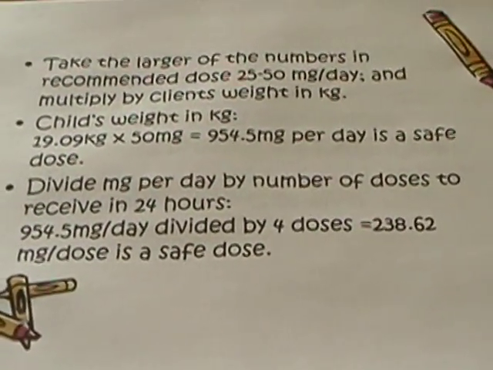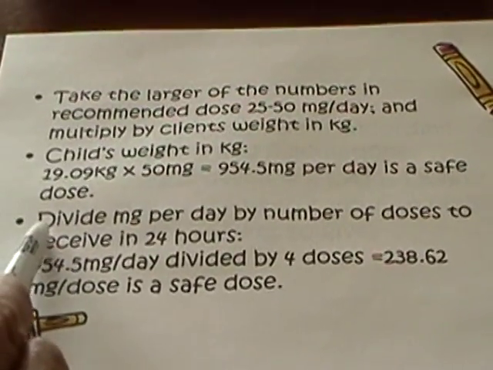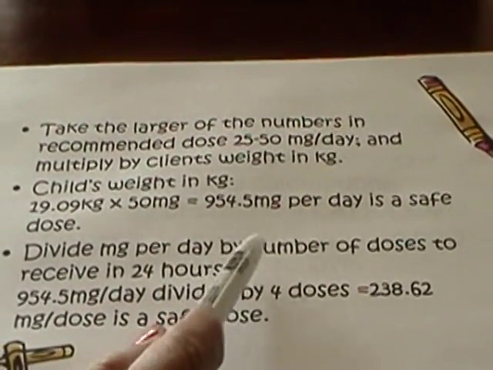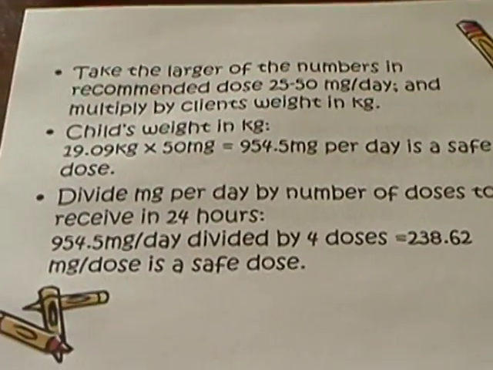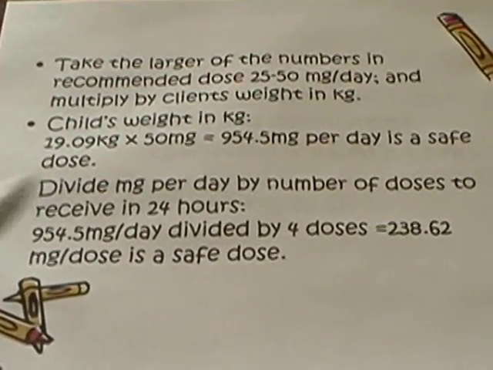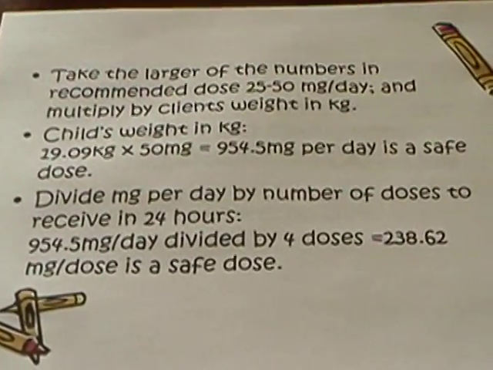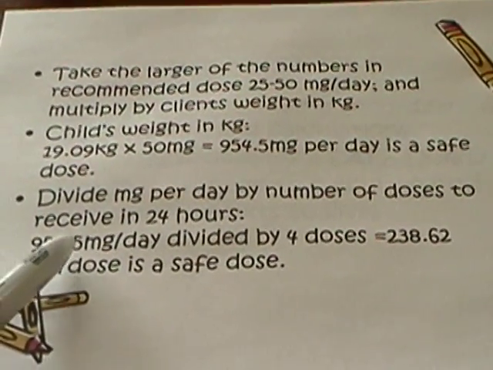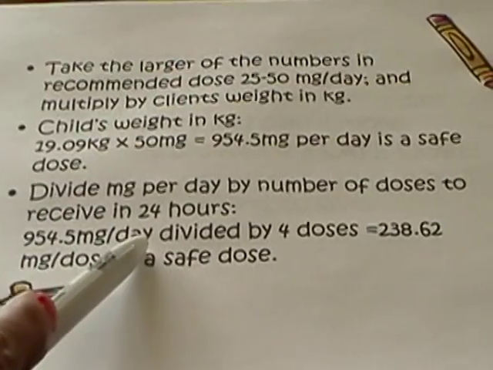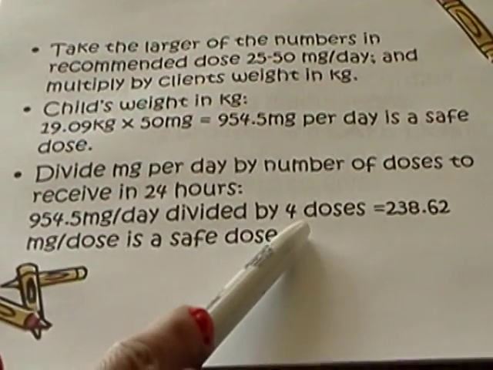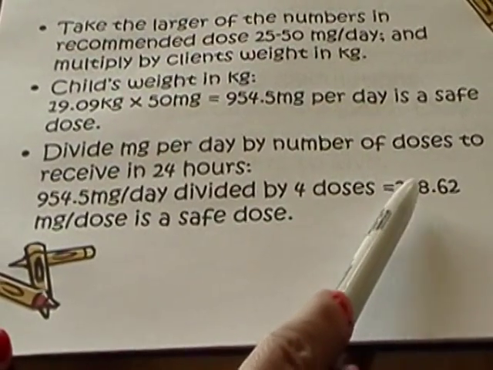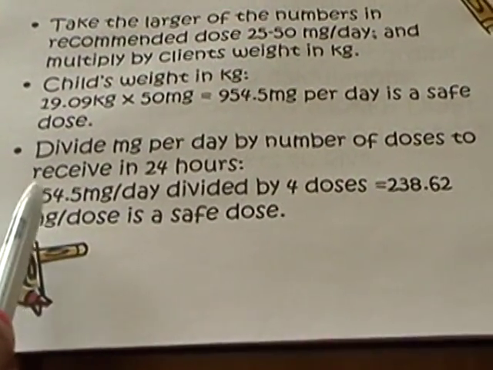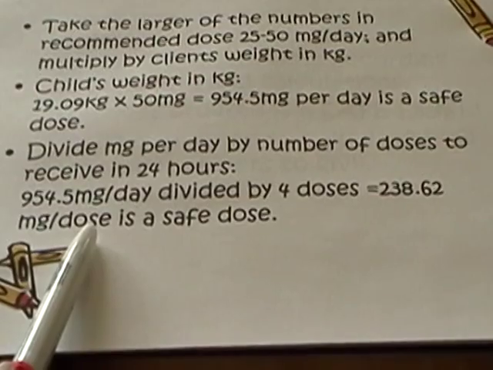Now remember, this is per day. Now we divide the milligrams per day by the number of doses to be received in 24 hours. In this case, we had determined that was 4 doses. So 954.5 milligrams per day divided by 4 doses will equal 238.62 milligrams per dose.